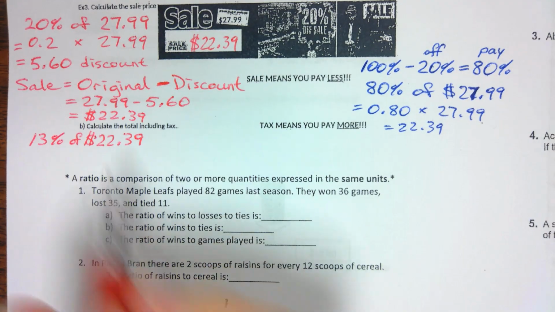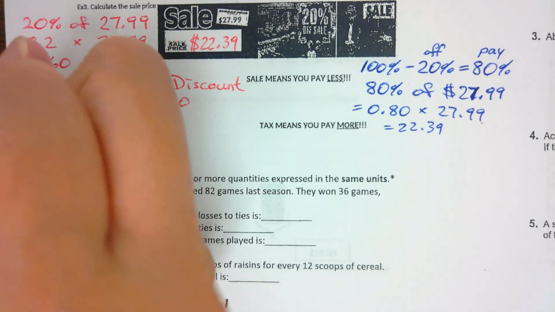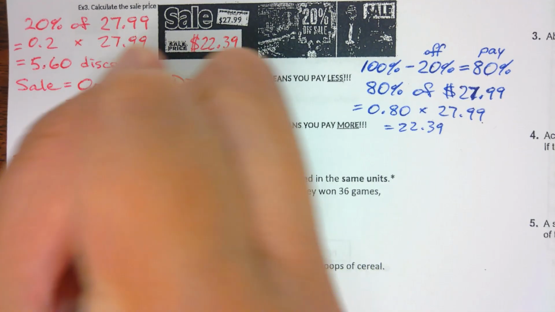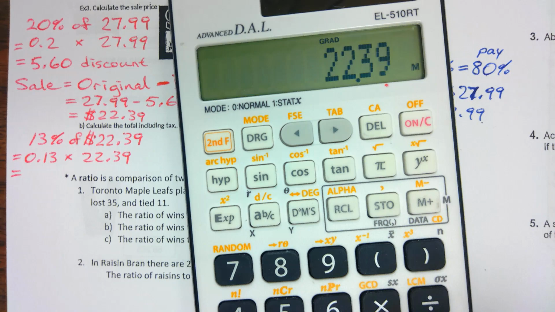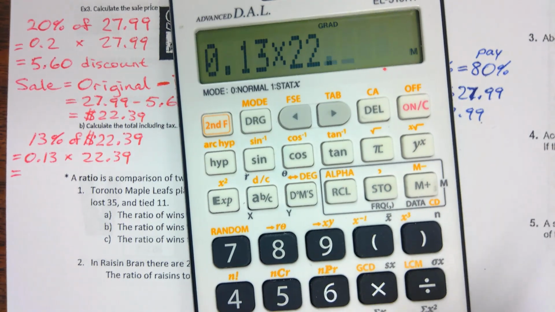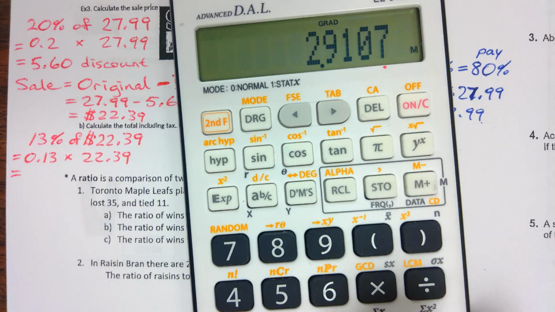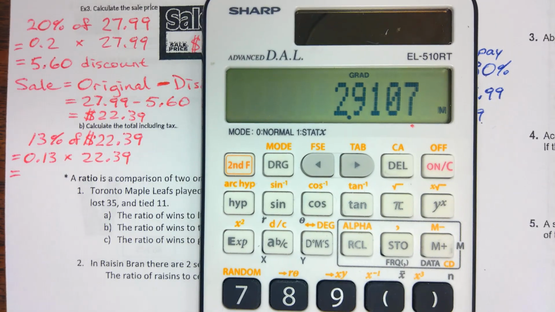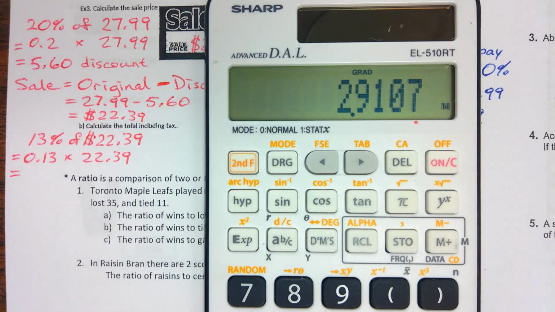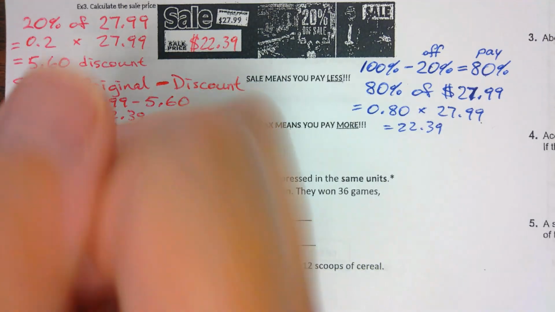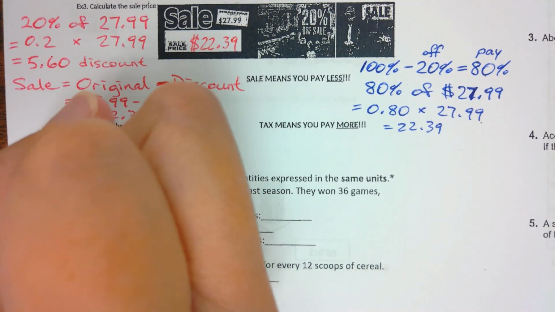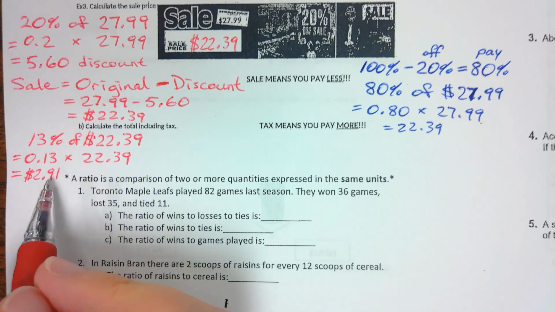So 13% of 22.39. That's 0.13 times 22.39. You get, what do I round this to? $2.91. So what am I going to do with this?